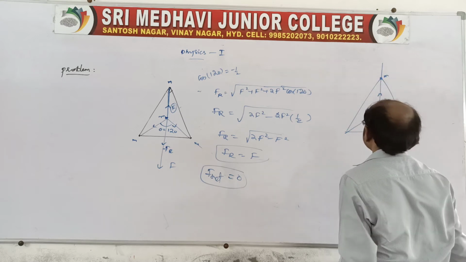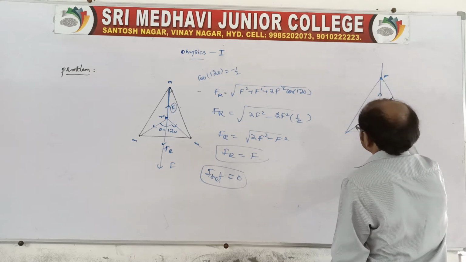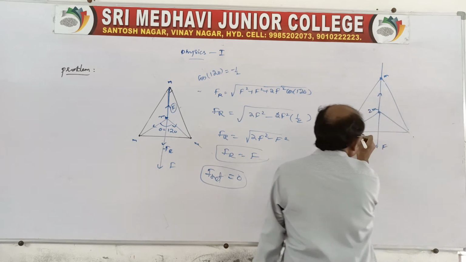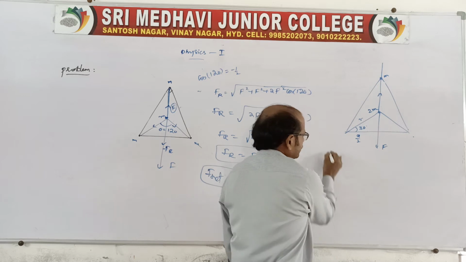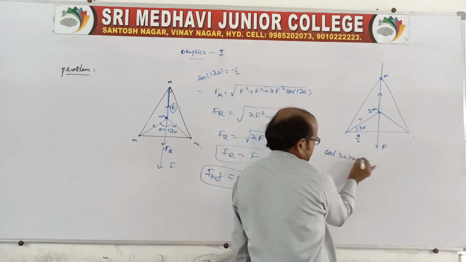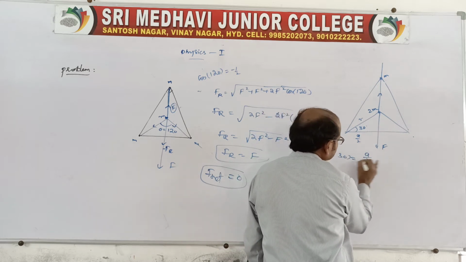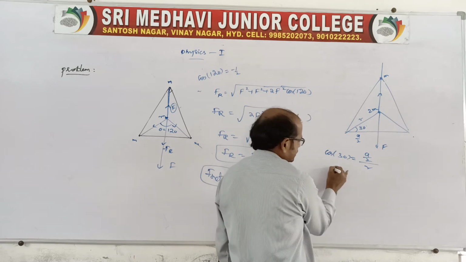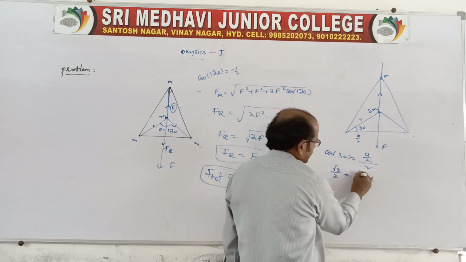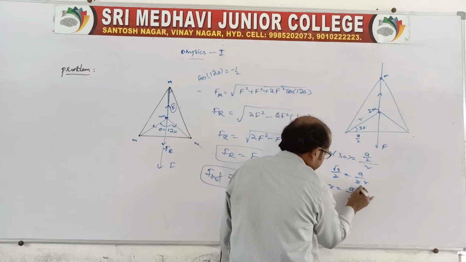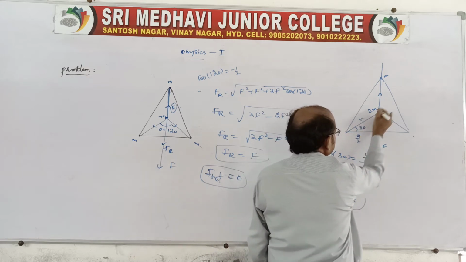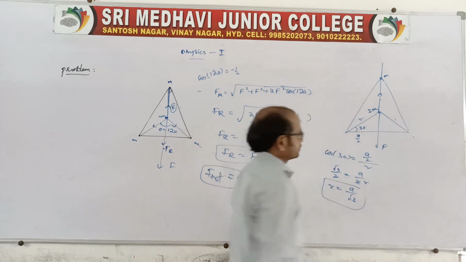Here we need to find this distance. So here it is a by 2, you take 30 degrees, and this is r. From cos 30, adjacent a by 2 by r, and cos 30 is a root 3 by 2, that is a by 2r. So r is equal to a by root 3. This distance is a by root 3, a by root 3, a by root 3.